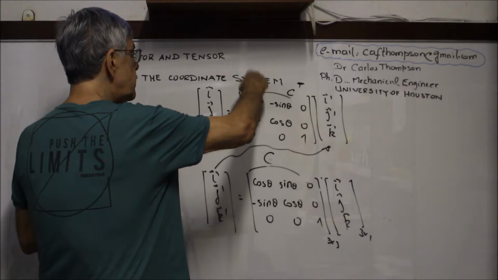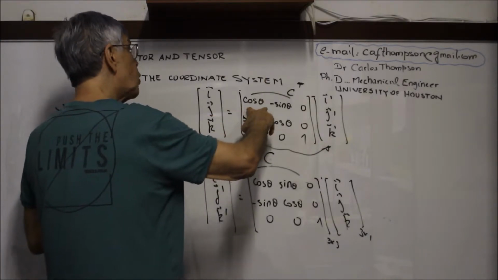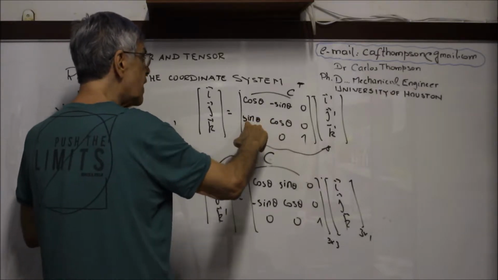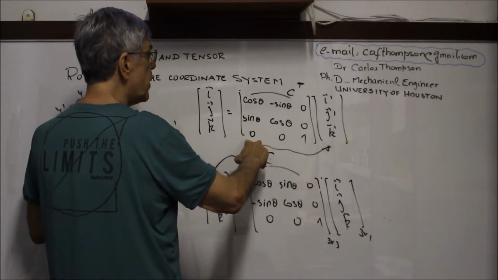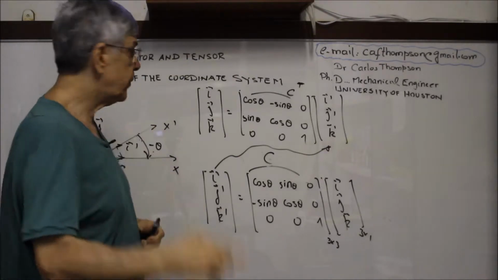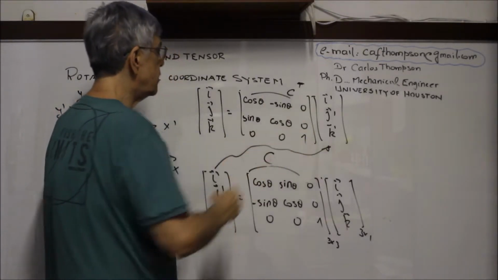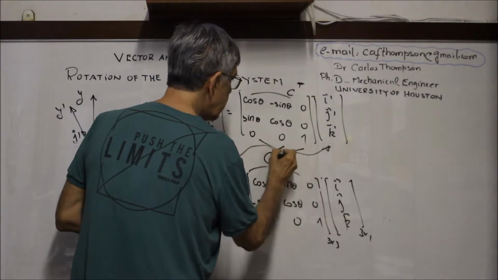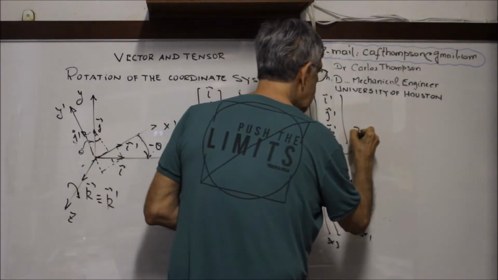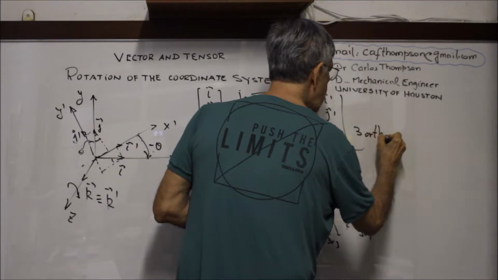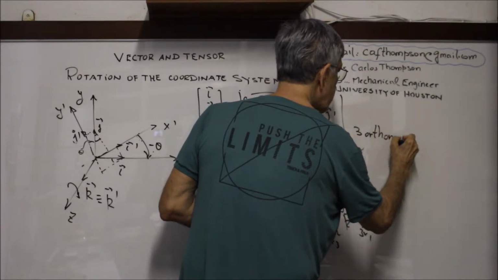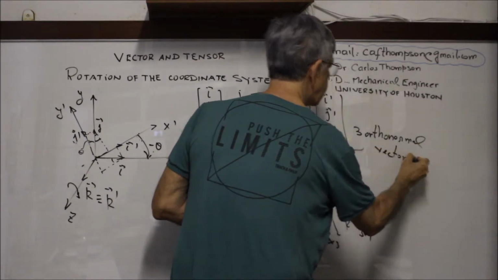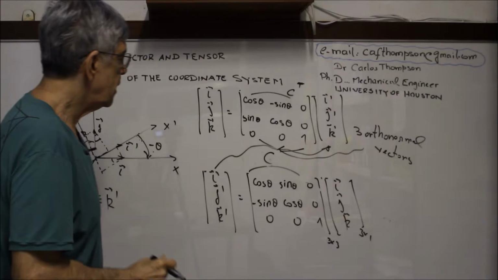Another important point. You see this column here, the first column? If you square it, you have cosine squared of theta plus sine squared of theta plus 0 squared, which is 1. Likewise this one, likewise this one. So here we have 3 orthonormal vectors. That's the basis.